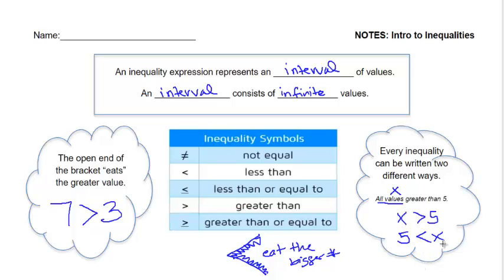So everything flipped around here. You can say it either as all values greater than 5, or you could read it as 5 is less than all values. So just remember that there are always 2 different ways of writing it. There are 2 very specific ways to write this as symbols.